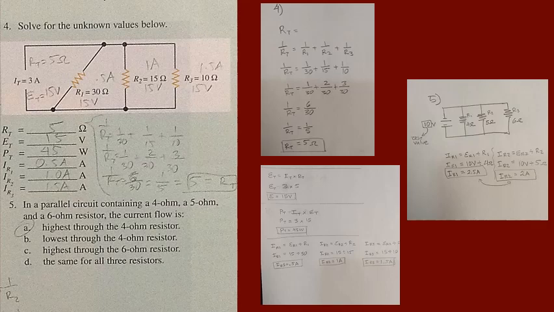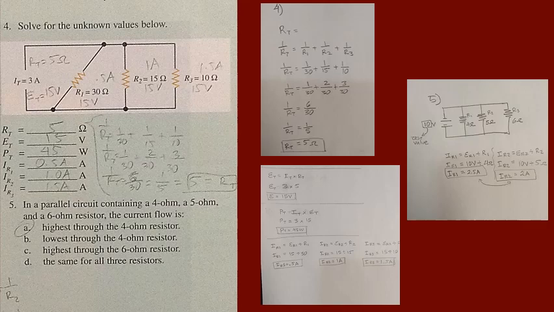Further, we need the total power. That's the third requirement from our problem. To work that out, we simply use the power equation, which is power equals current times voltage, or total power equals total current times total voltage.